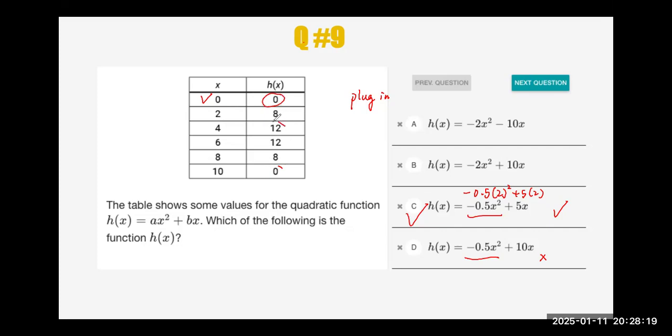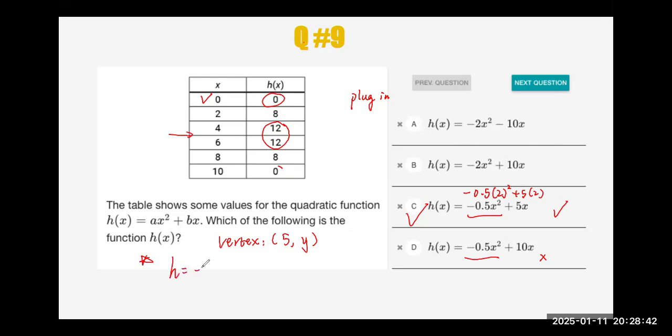Since you know that this equation is a parabola, you realize that the vertex of the parabola is the average of 4 and 6, which would be 5. Good. And basically you just have to use the formula negative b over 2a to find which of the equations would give you a value equal to 5 when you plug that in, and that would be C.